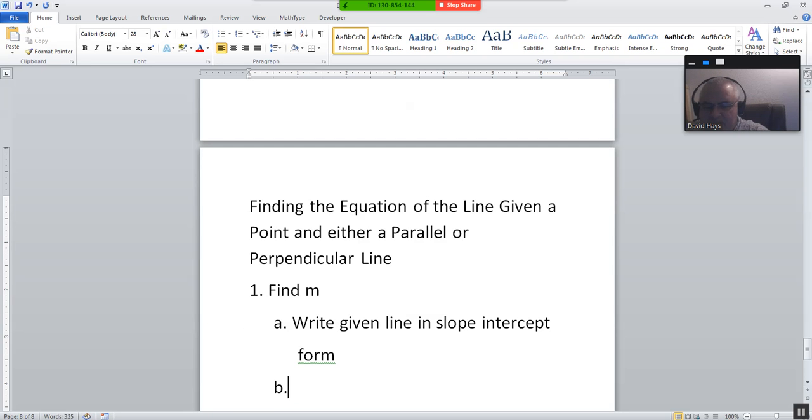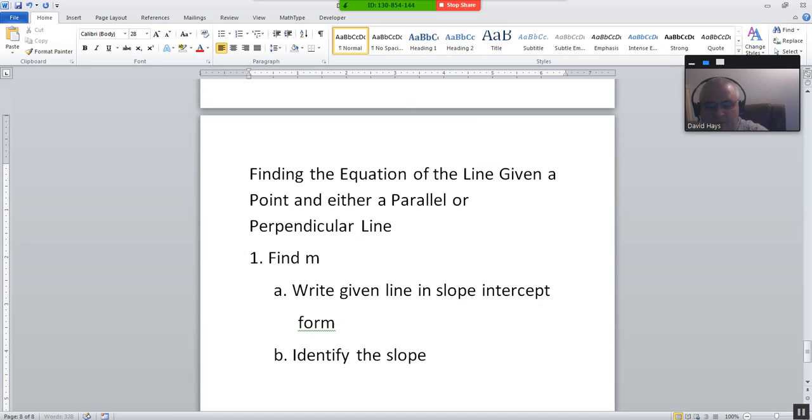Our second substep says to identify the slope. Our third substep says if you're dealing with parallel lines, the slopes are the same.